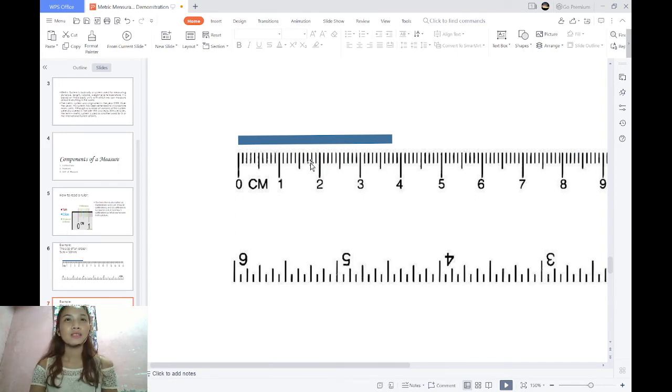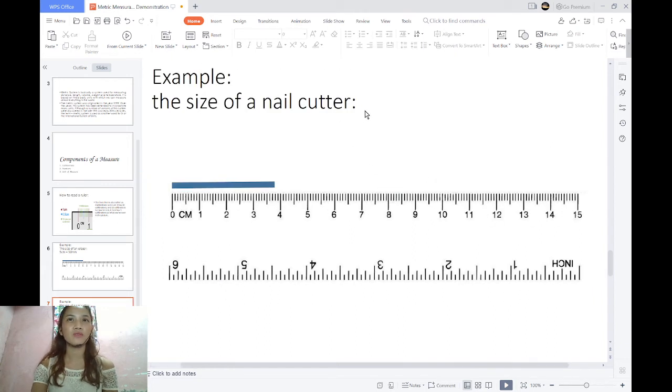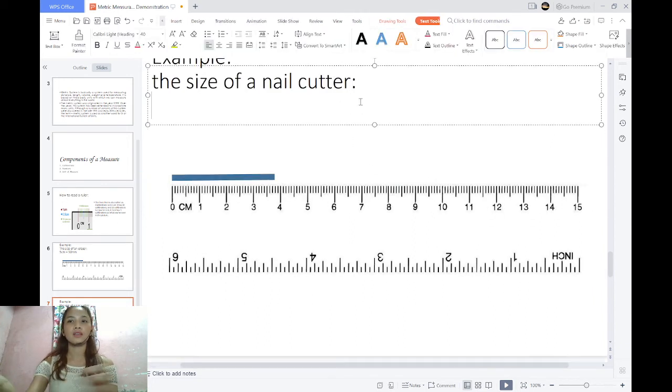We must count from here. Let's start with centimeters first. 1, 2, 3 centimeters, and it doesn't end with 4. So let's stop at 3 centimeters. Let's type it so that we cannot forget 3 centimeters.